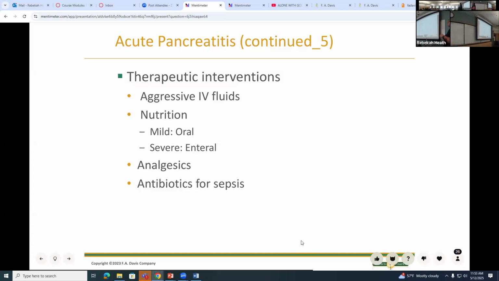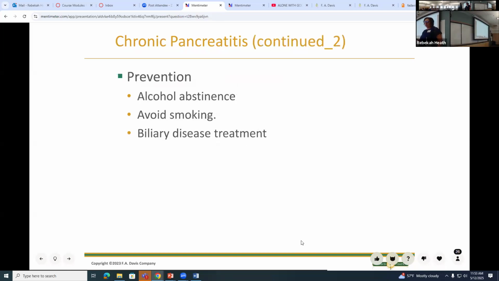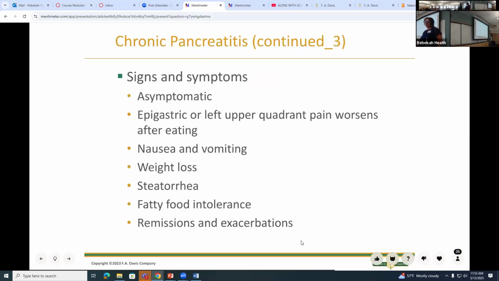If it's mild pancreatitis, they'll let them still have oral nutrition, but a lot of times they're going to have them avoid things like a lot of fatty foods that might irritate or cause more of the pancreas to secrete enzymes. And we're going to give pain medicine. We kind of talked about this.